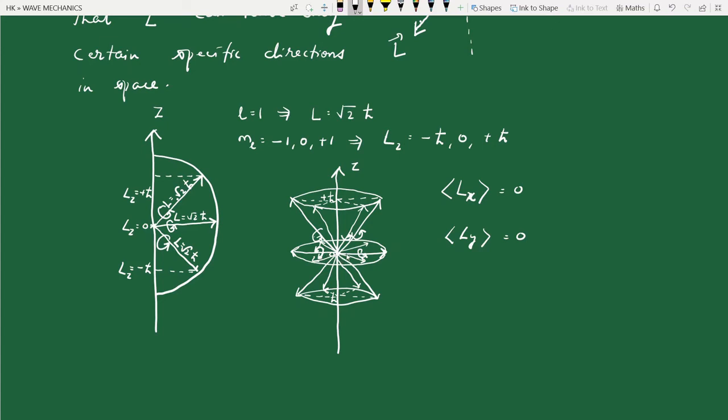It is not standing still in the yz plane. It changes. The angular momentum vector is in the xy plane, so the orbit will be perpendicular to that. It changes in such a way that the angular momentum vector can have all possible directions lying on the circle.